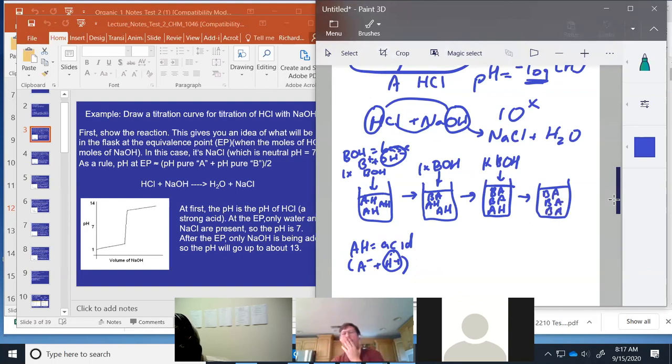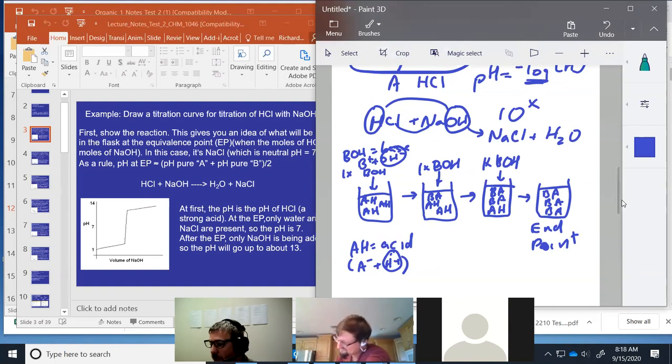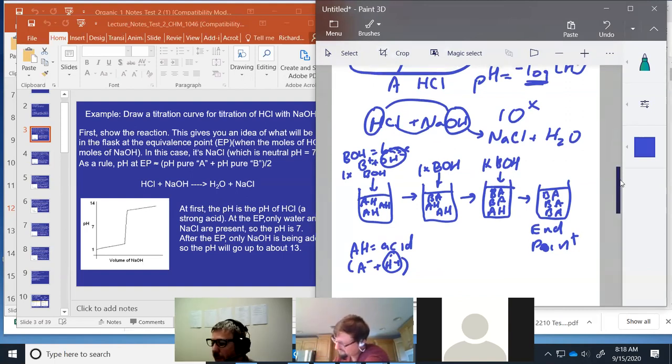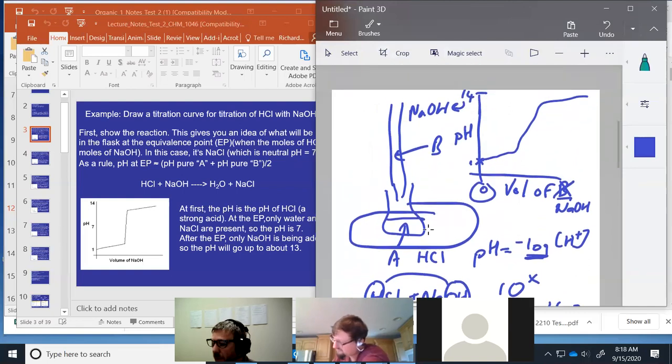This is the end point, and the end point is where the amount of BOH we've added is equal to the amount of the AH that we had here. So in this case, it would be when enough sodium hydroxide has been added to completely neutralize the HCl.